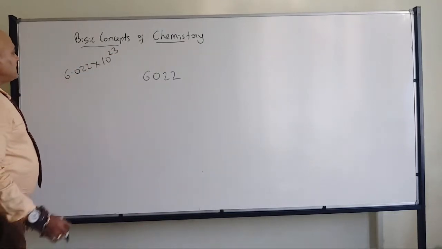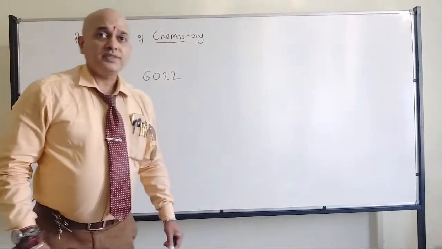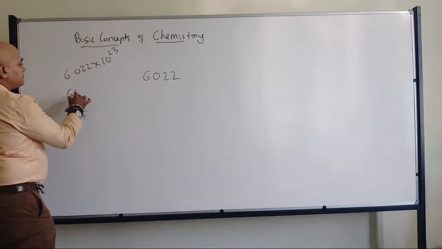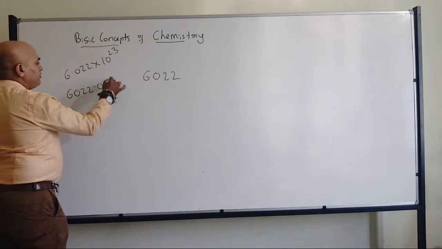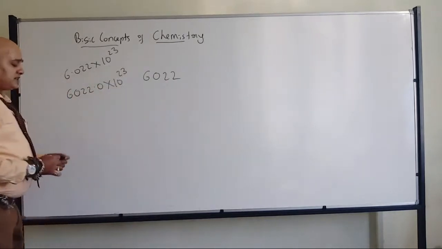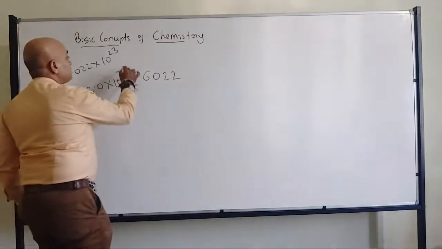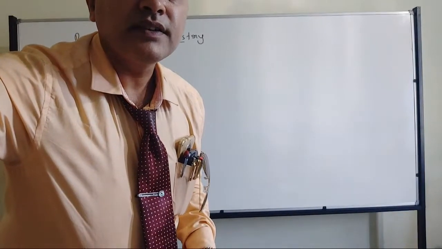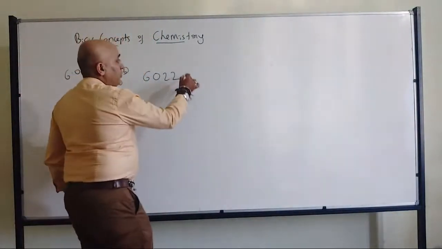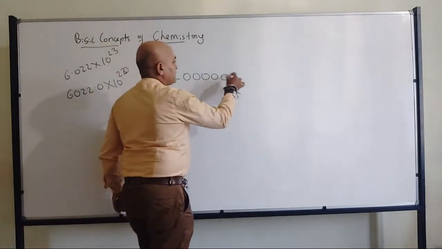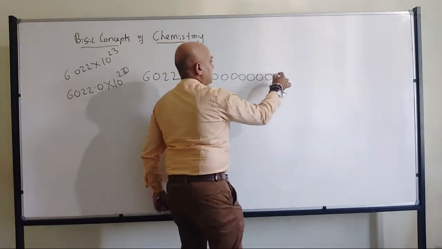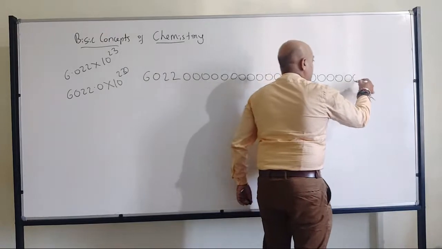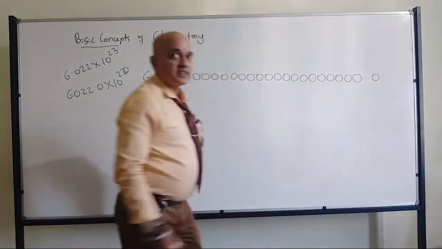If I want to make it 6022, that means I am shifting the decimal point. How much will the power be? It will become 20. Yes, very good. So counting the digits: 1, 2, 3, 4, 5, 6, 7, 8, 9, 10, 11, 12, 13, 14, 15, 16, 17, 18, 19, 20.